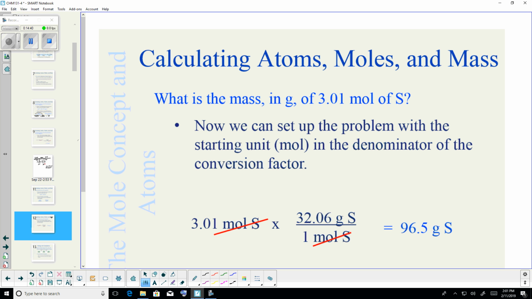So moles of A, where A just stands for sulfur in this case, to grams of A, we see the arrows going down. If we're going in this direction, we multiply by the molar mass. If we want to go the reverse direction, if we're multiplying going down, we're going to divide going up. So that takes care of that part.